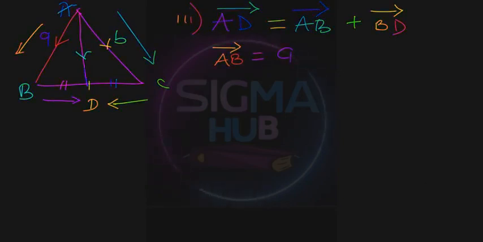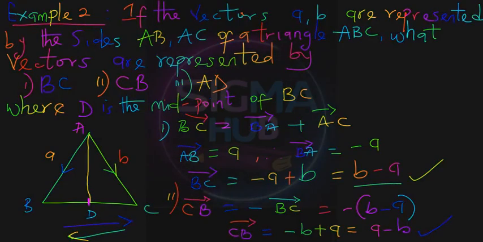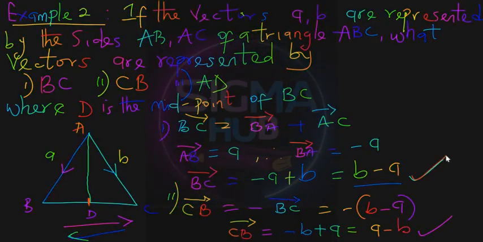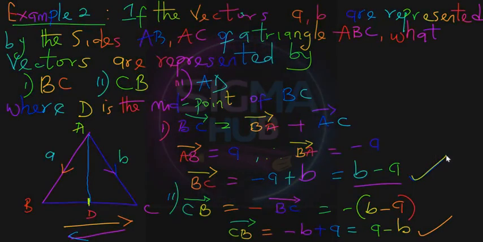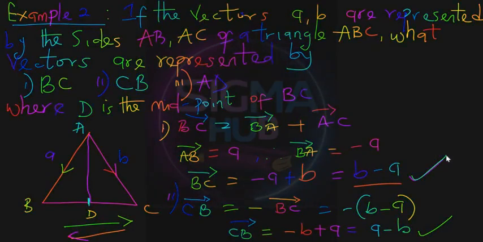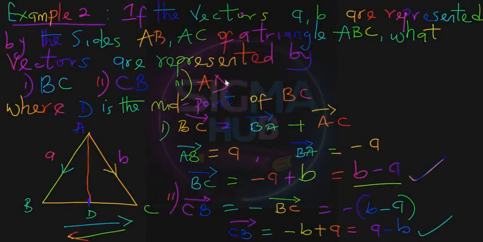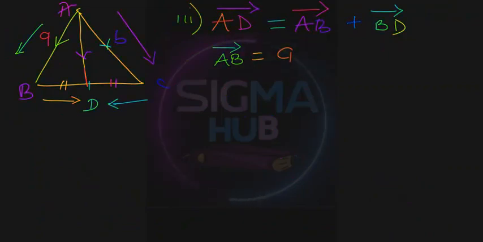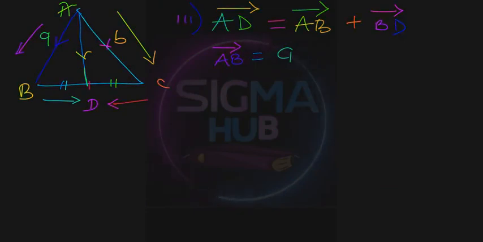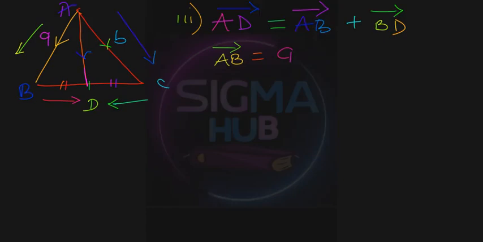BC is B minus A, according to the first question given to us. Our BC is B minus A. So since D is the midpoint between B and C, it means BD is definitely going to be half of what? Of B to C.